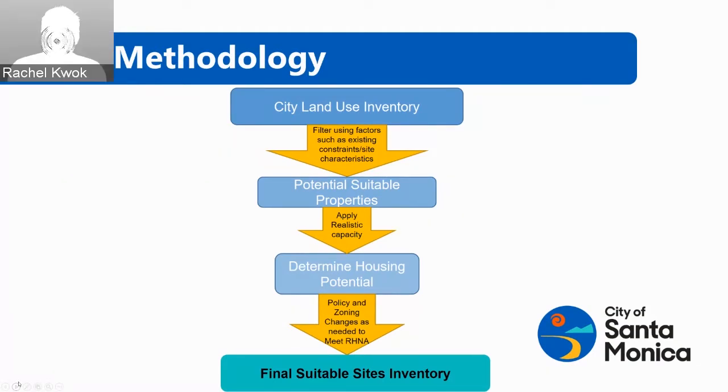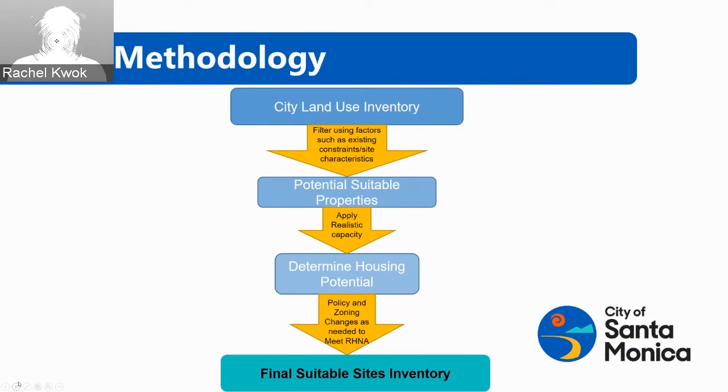So the methodology for preparing the SSI, first what we're going to be doing, and what we've already actually started doing, is gathering data with regards to the city land use inventory. This is basically an inventory of all the existing parcels in the city and what they were developed with, and then we apply filters considering factors such as existing constraints, environmental constraints, as well as site characteristics.